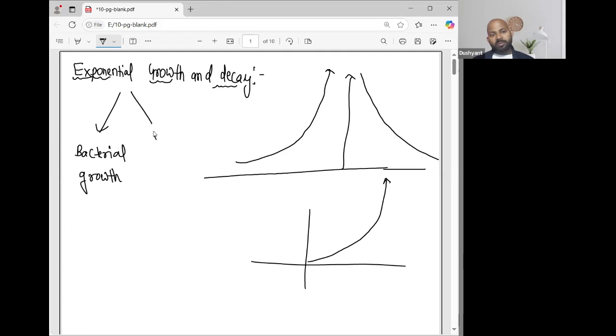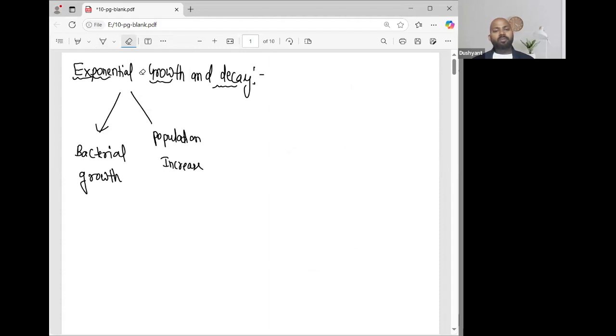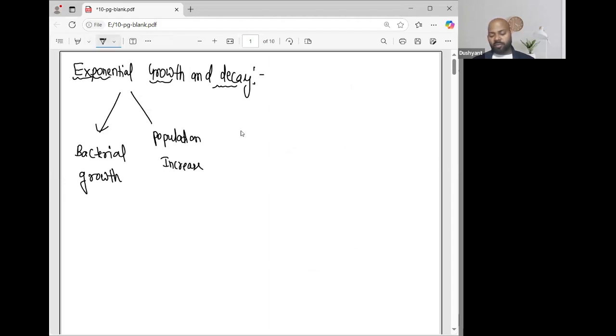Population increase, or money growth, money growth scheme, etc.